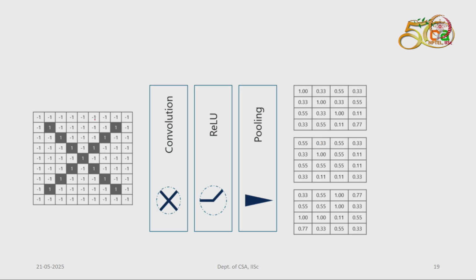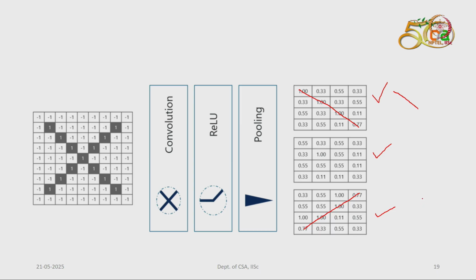Now this is one cycle where we have passed an input image through a convolution, a ReLU, and a pooling, and we have taken 3 different kernels. For the first kernel we got this feature, for the second kernel we got this, for the third kernel we got this. If you look into this matrix, what it has extracted is this line. These are the values where it is maximum. You see these diagonal values are high.